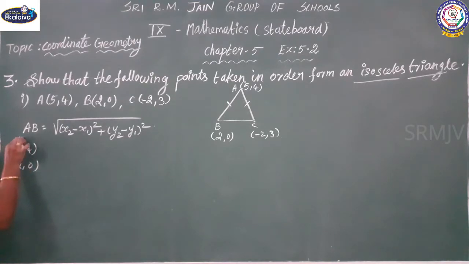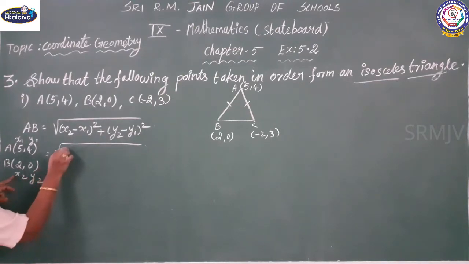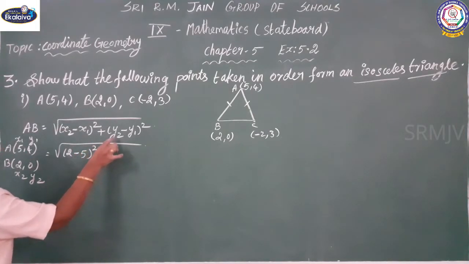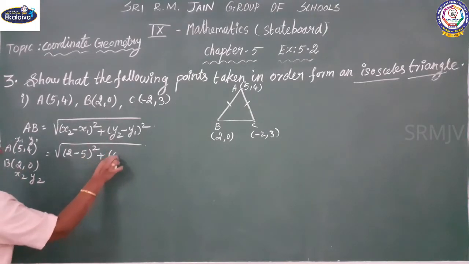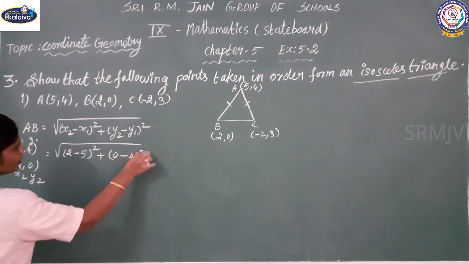So this is x1, y1, this is x2, y2. Substitute here: x2 is 2 minus x1 is 5 the whole square, plus y2 is 0 minus y1 is 4 the whole square.